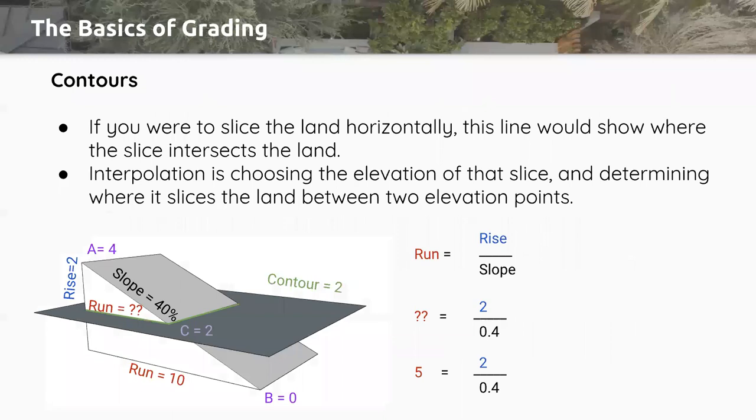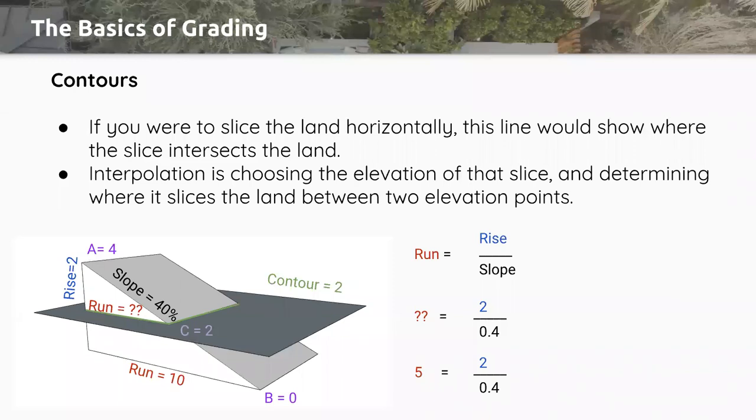The last thing before we go into the CAD side, we'll cover maybe one, maybe two questions, is you can't talk about grading without talking about contours. Anybody who's done grading before might have looked into recognizing how to read contours. I'm going to touch on that a bit, but we're not going to do a full lesson on it.